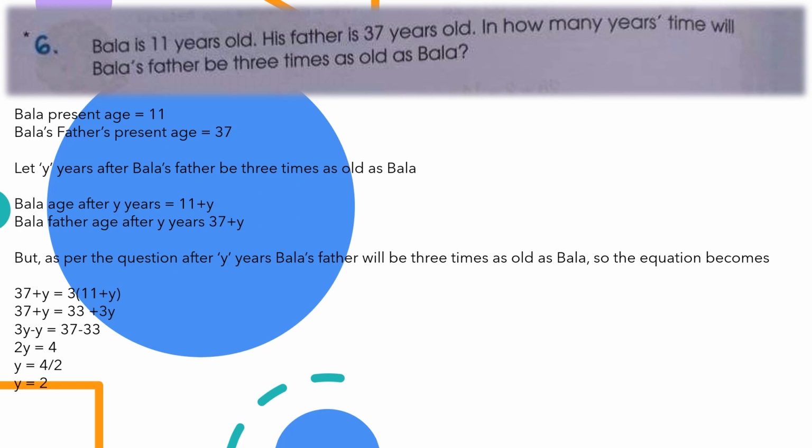Because after y years, Bala's father will be 3 times as old as Bala. So if Bala's father is 37 plus y, then he is actually 3 times older than Bala, which means 3 multiplied by Bala's age after y years, which is 11 plus y.